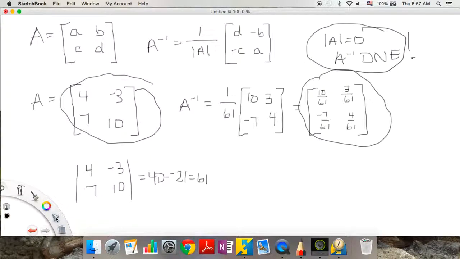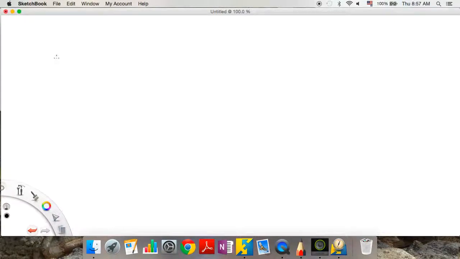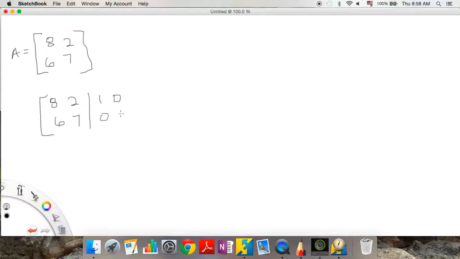Now, the other way to find this is with augmented matrices. What you do is if you have a matrix, let's say we have this matrix A, and we want to find its inverse by augmenting with the identity. So you've got 8, 2, 6, 7, and then we do our augmented matrix with an identity matrix here.